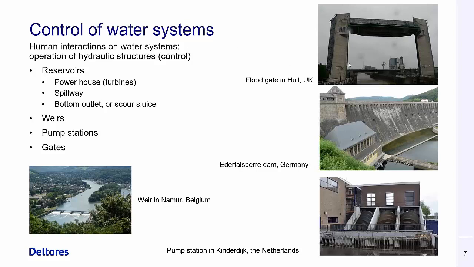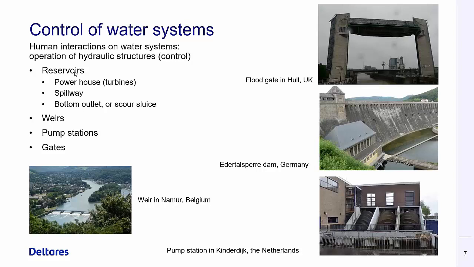Here are some images of hydraulic structures, some examples. Here a floodgate, coastal engineering, then this is a reservoir, classical type I would say, the Edertalsperre Dam in Germany. Here from the Netherlands, a pump station in Kinderdijk, and this is a weir in Belgium.